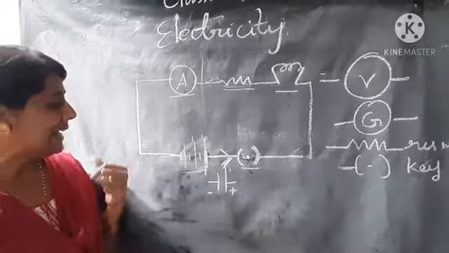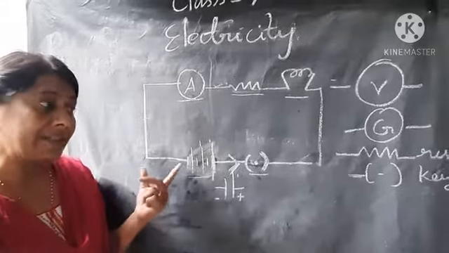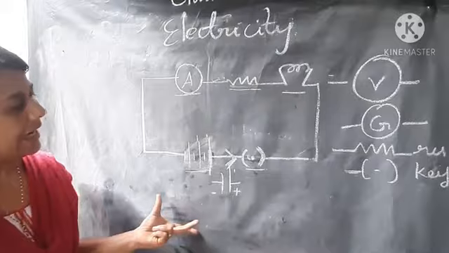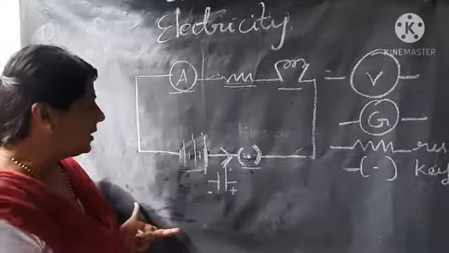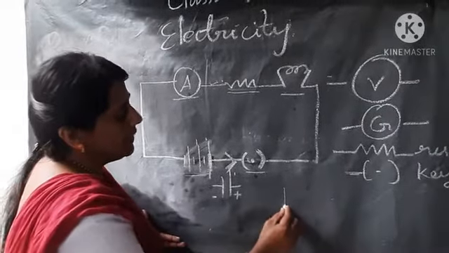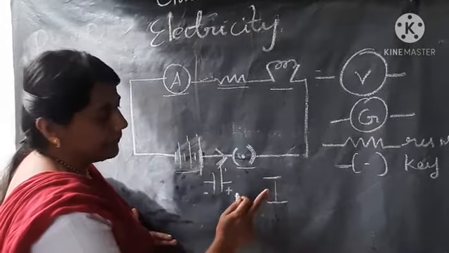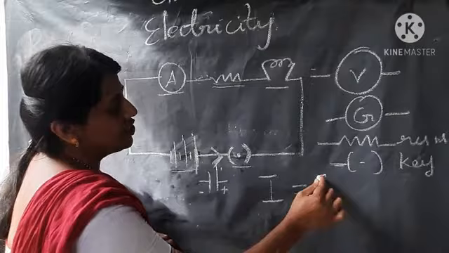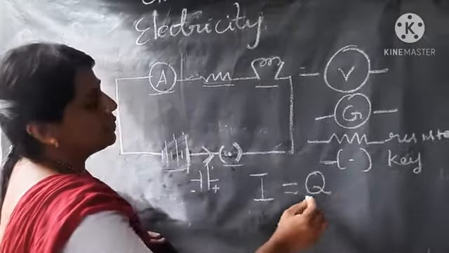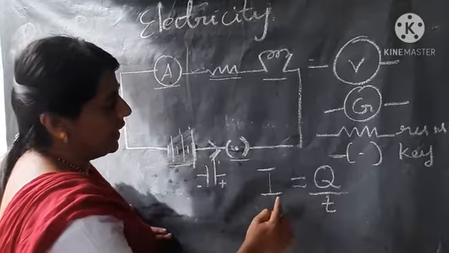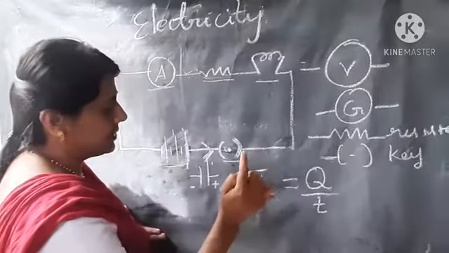Okay, electric current is defined as the amount of charges flowing in a particular area in unit time. So, current is indicated as the letter I and charge is Q in time. Okay, this is the equation for electric current.